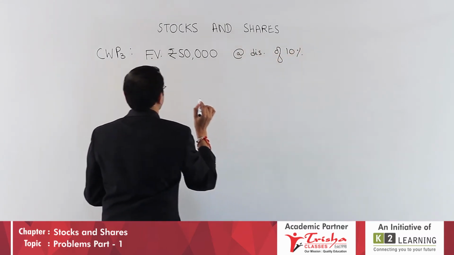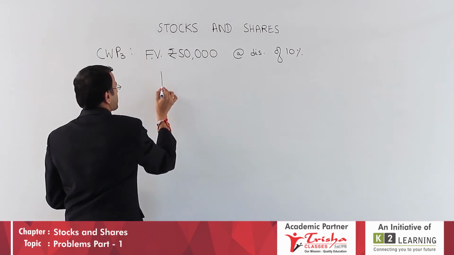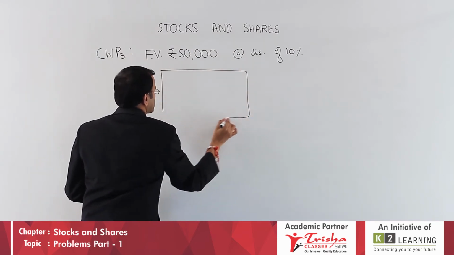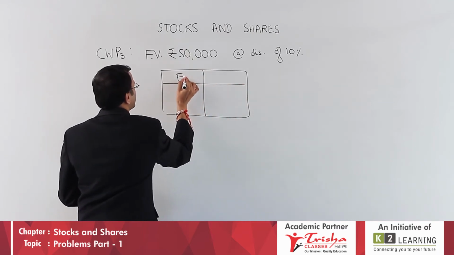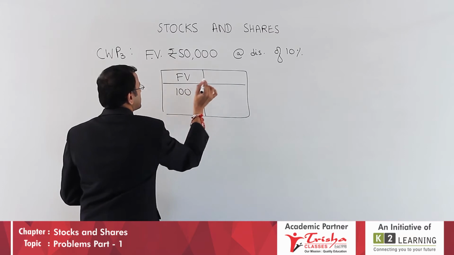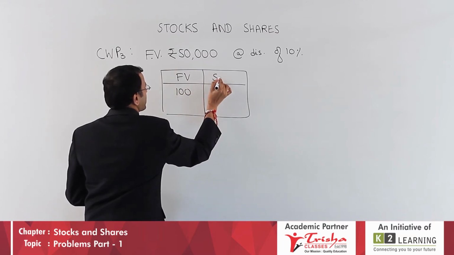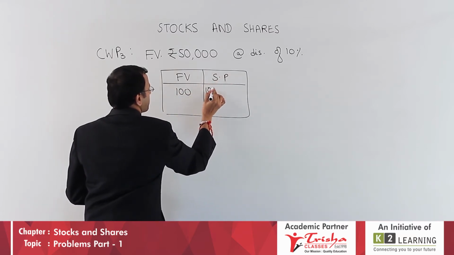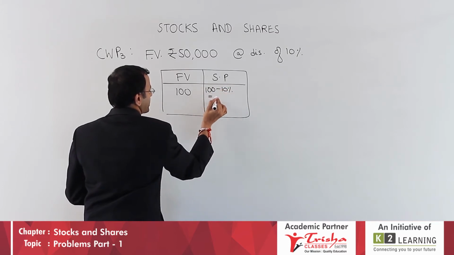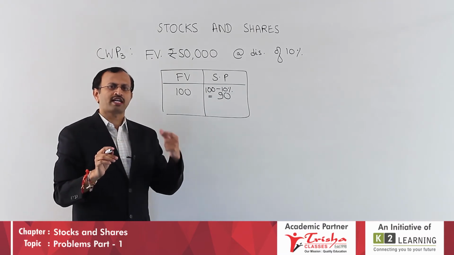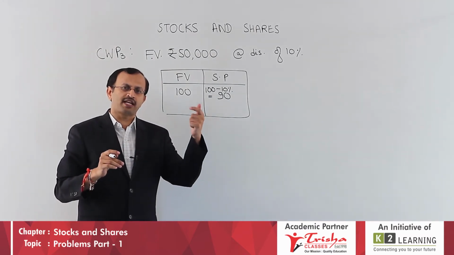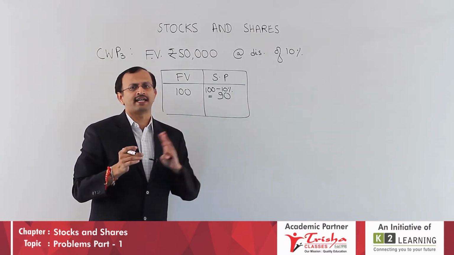Shall we put the same box technique, cross multiplication? Face value 100, sale price 100 minus 10, which is 90. The 100 rupee stock is 10 rupees less; the market price has gone down, so you are selling at 90.